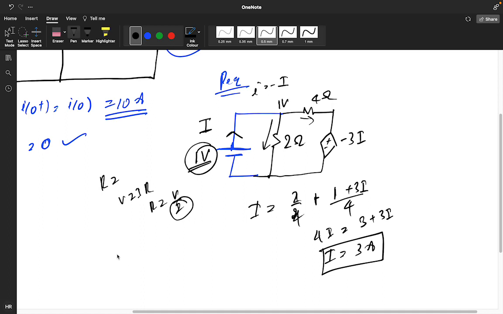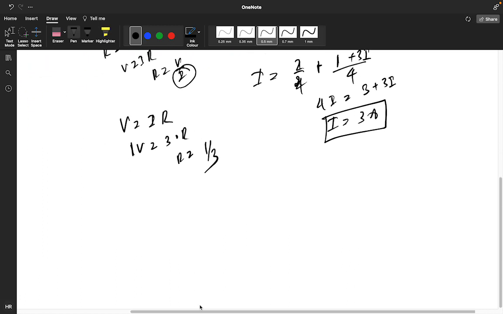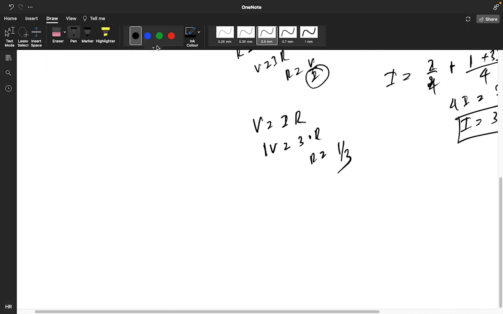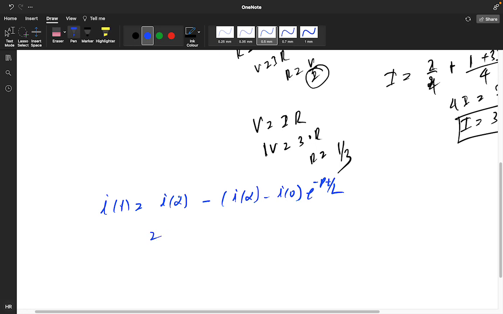So what is the value of the resistor? V is equal to I into R, and V is 1 volt and I is 3, so R value is 1 by 3. Now put all the values. I of t is equal to I of infinity plus I of 0 minus I of infinity, e power minus Rt by L. I of infinity is 0.